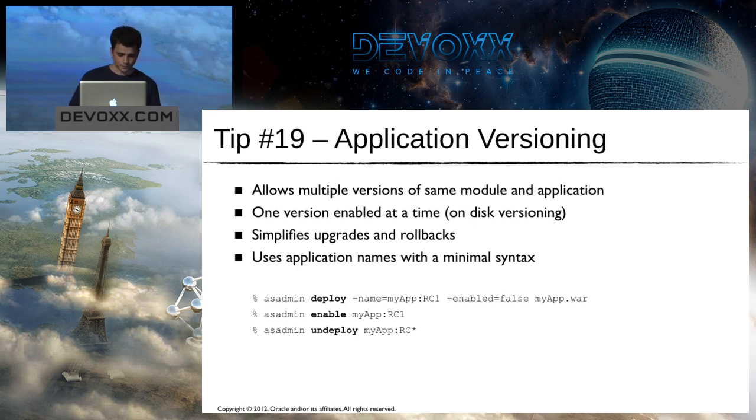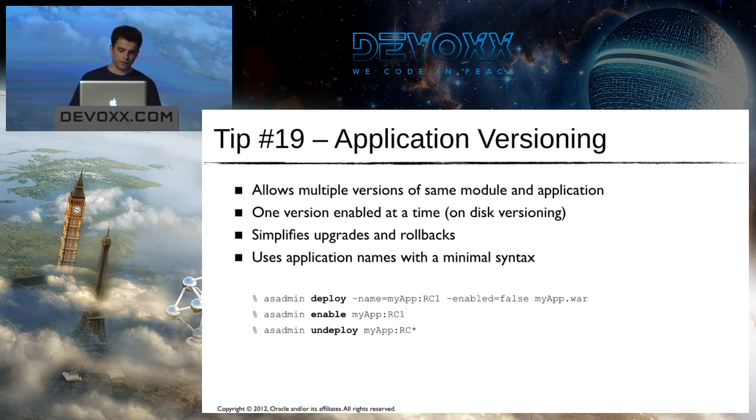So here, in this example, it's a so-called pre-deployment of version RC1 of my app. We just use a very simple syntax. Basically, you separate the name with a syntax separator, in that case, a colon.